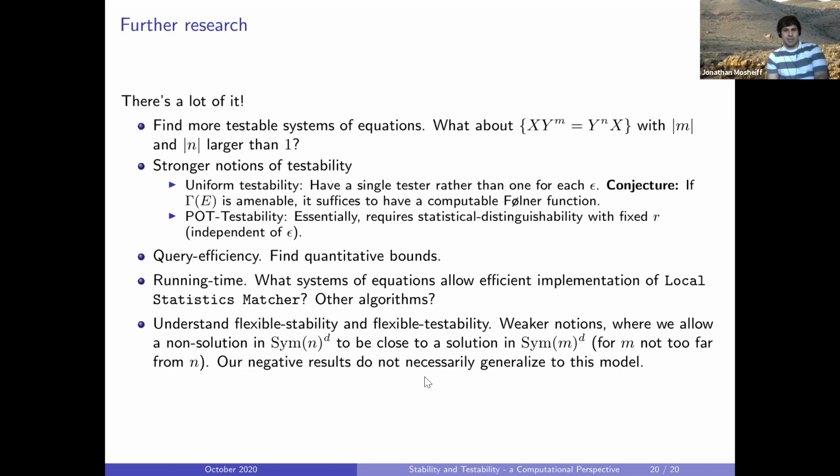That means that, recall, for every epsilon, we are asking for an epsilon tester. Our definition of testability has definitely been used in some very important works, but the more common definition of testability asks for a single algorithm that takes epsilon as a parameter.